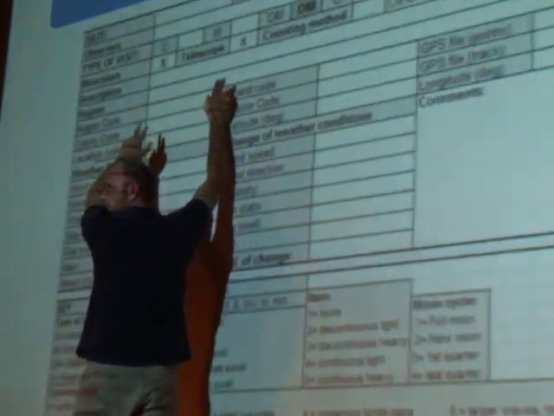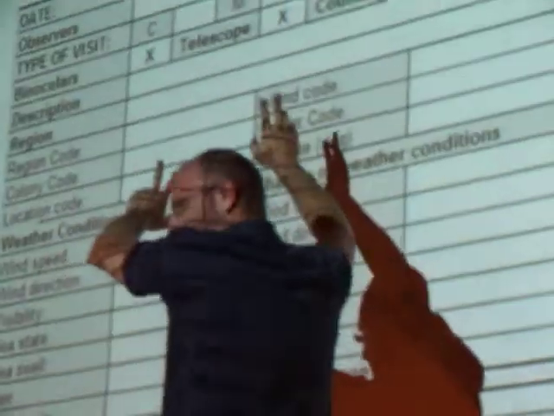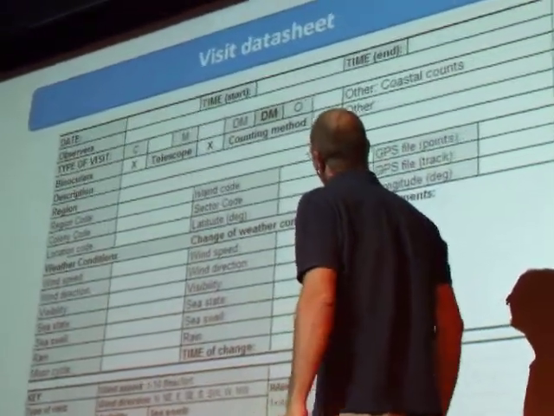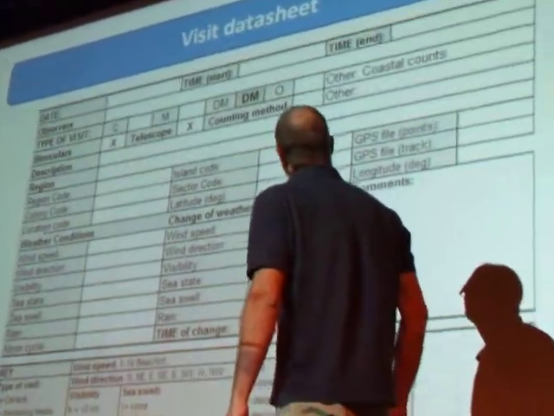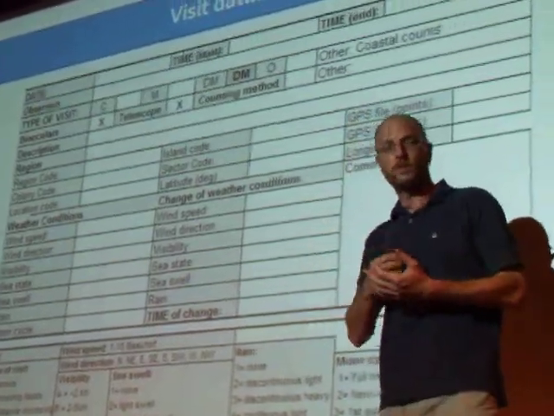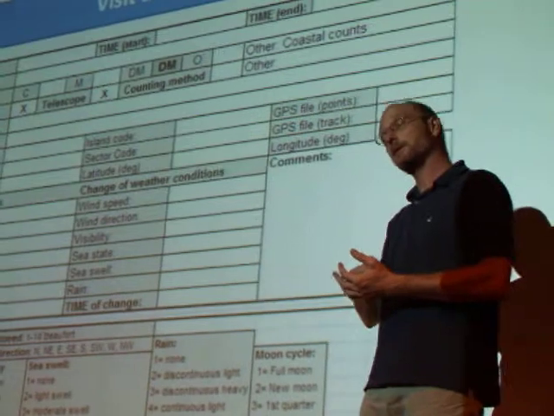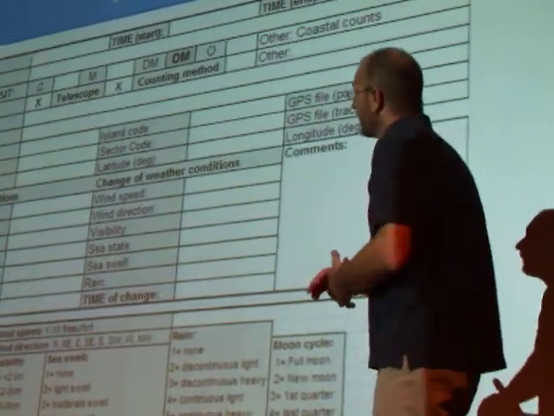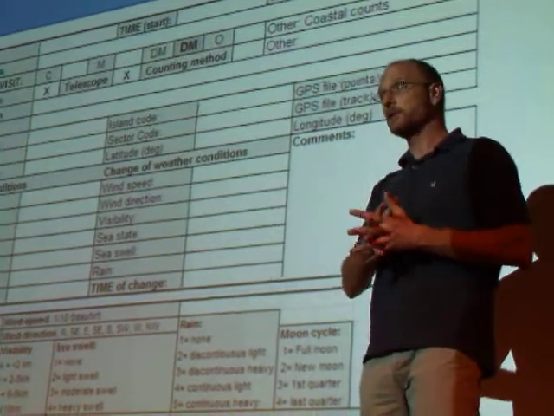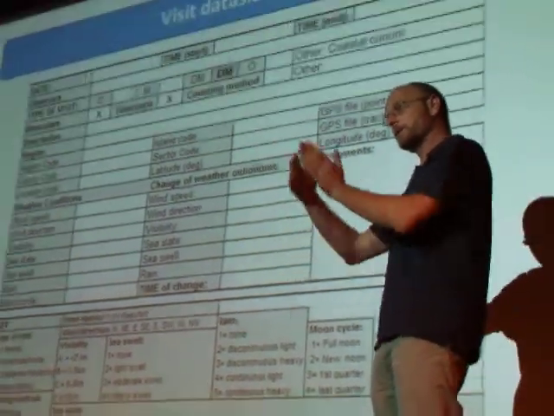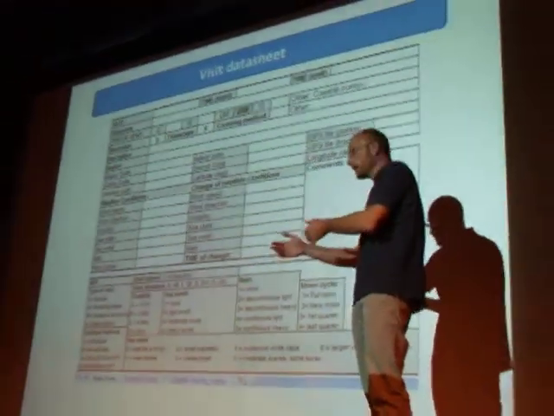Then we mark which optical means we're using, binoculars and telescope. Now about the counting method, we can write the way we're counting. Like we said, it could be a continuous count, so non-stop, or counting with breaks, where we count, then have a break, and count again.